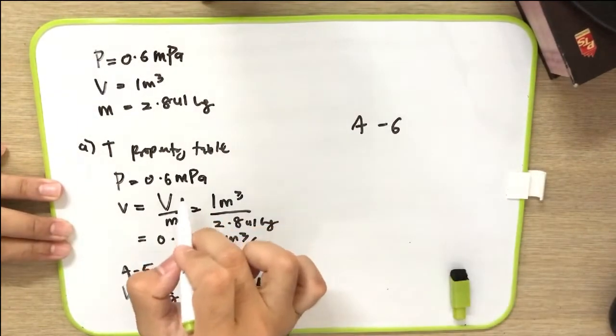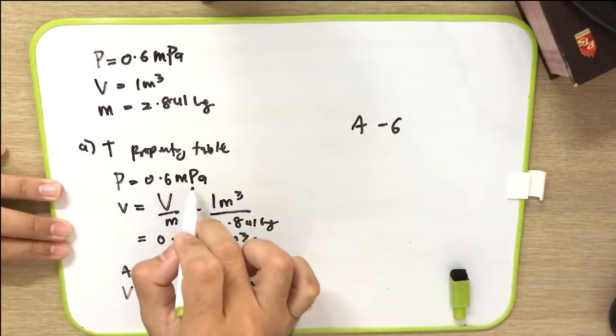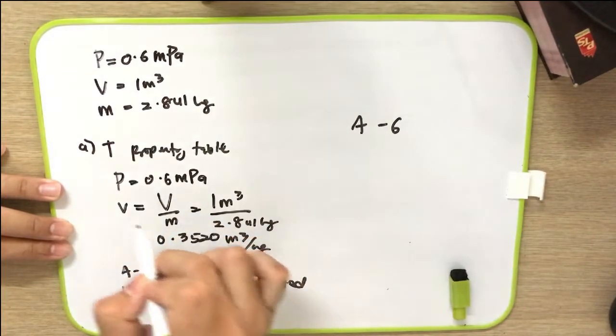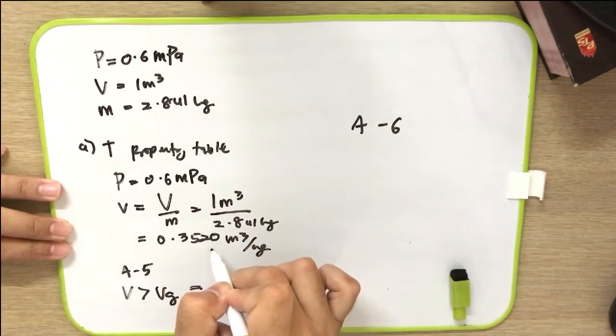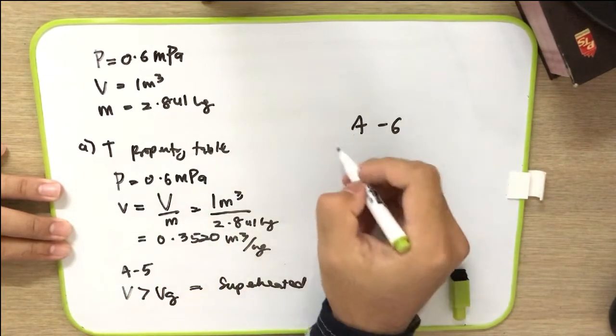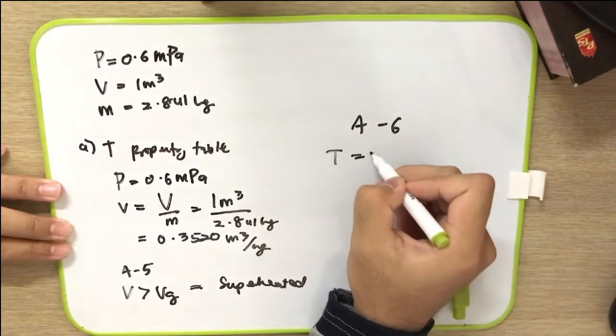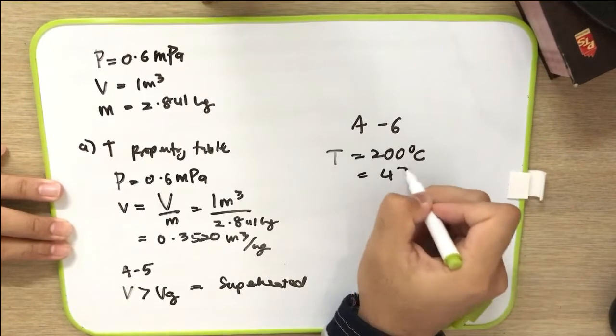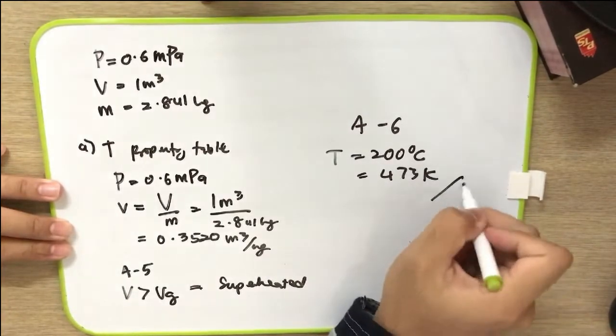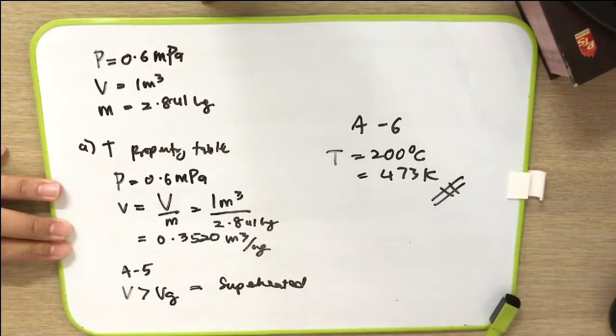We look at pressure 0.6 megapascal and we find the location of V of 0.3520 at which temperature. After we have found that, the temperature is 200 degrees C or 473 Kelvin. So that is how we find from the property table.